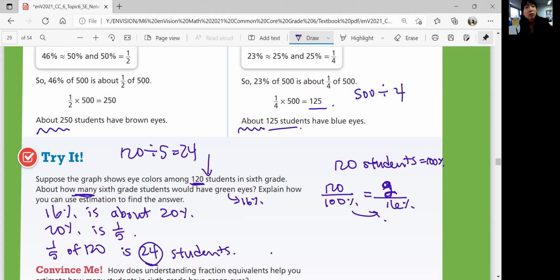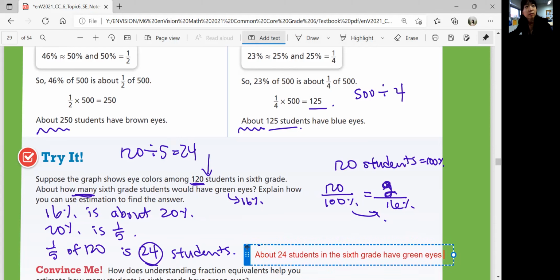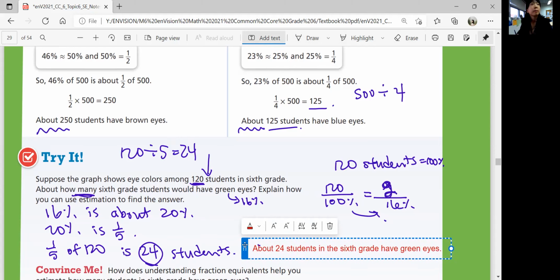So about, actually, let me type that as an answer. So about 24 students in the 6th grade have green eyes is our final answer. Okay.